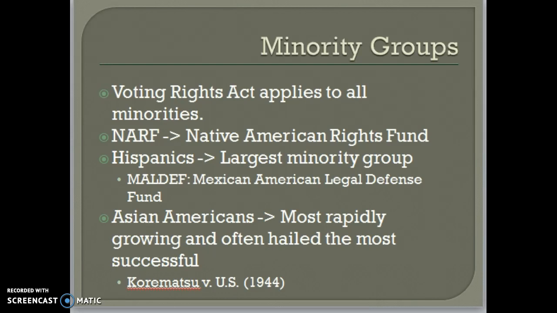Hispanics are known as kind of the sleeping giant. There are a huge percentage of Hispanics in the United States, and they don't tend to show up to vote. And so as they start to develop that sense of efficacy, there will be shifts in the political culture and in the makeup of Congress.